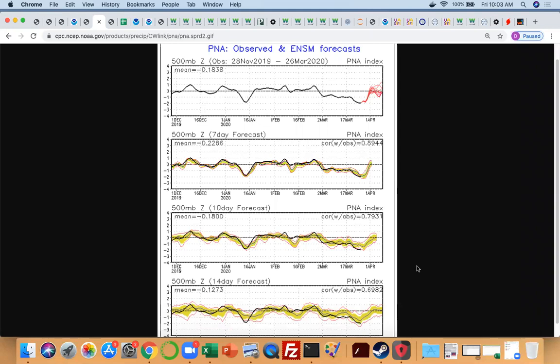But based on past experience, the past few weeks it's been on the negative end of guidance, so I figured that'll stay slightly negative. So if there's any cold, I think it'll probably be on the West Coast, similar to what the CPC is showing.